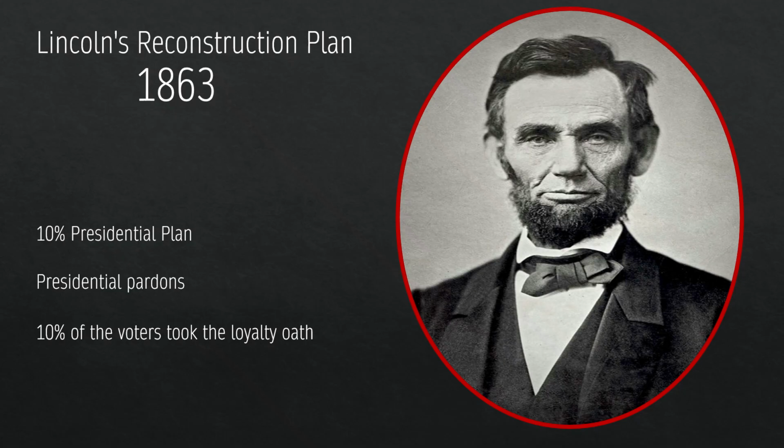So in 1863, his plan for Reconstruction to bring the states back is known as the 10% plan. He feels it's a way to reunite the country quickly and peacefully. He wants to offer presidential pardons to most of the Confederates who pledged loyalty to the Union and the Constitution.